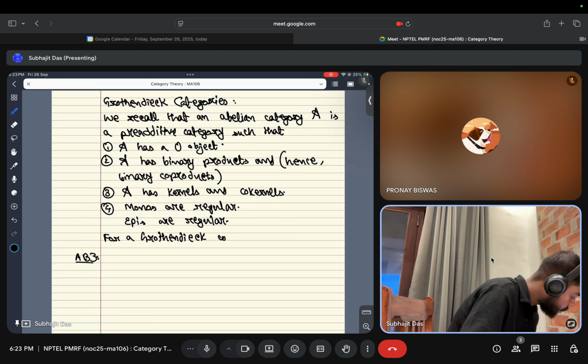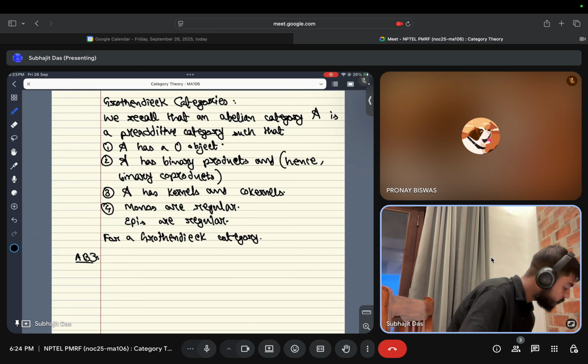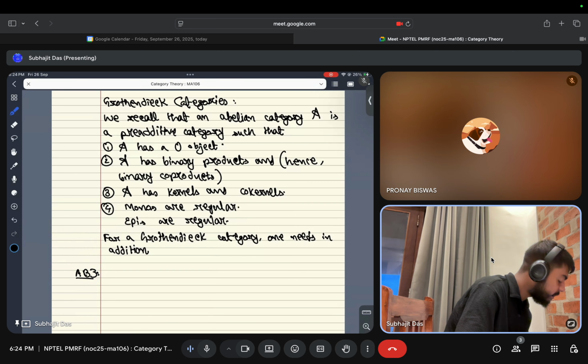one needs, in addition, all the above axioms. We have an abelian category. In addition, one needs the AB3 axiom, which says that A has small coproducts.